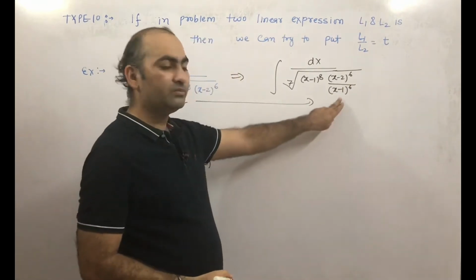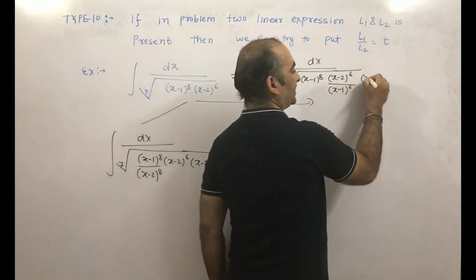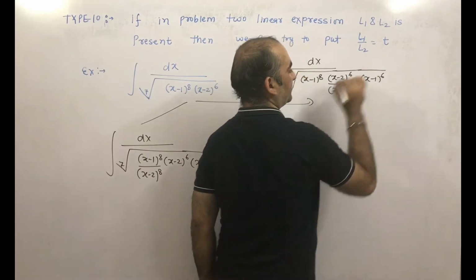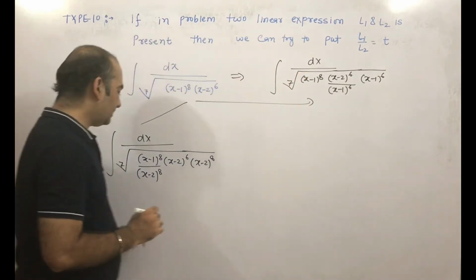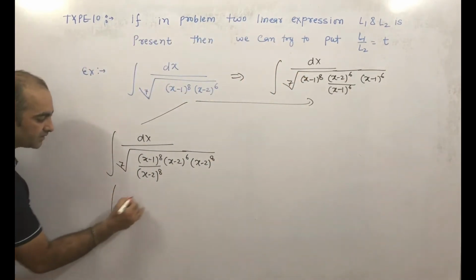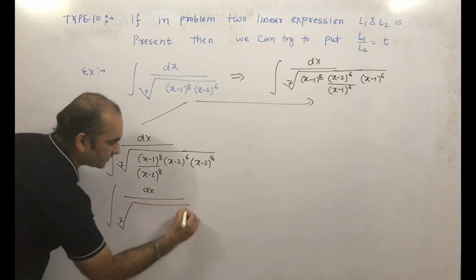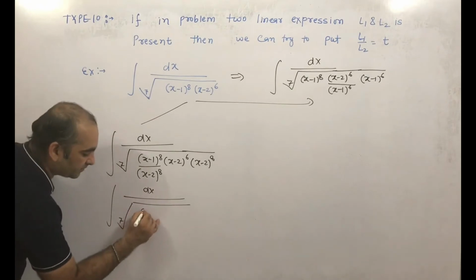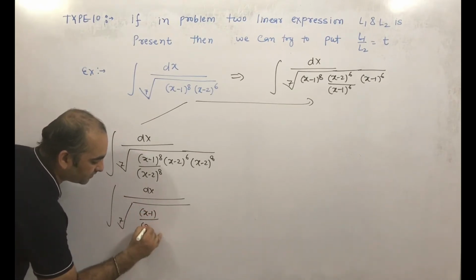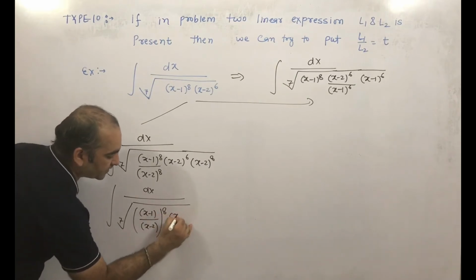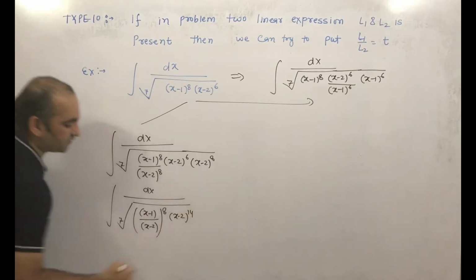If you are dividing, then you have to multiply also, so (x minus 1) to the power 6 we are multiplying. So this will come as integration of dx divided by 7th root of ((x minus 1) divided by (x minus 2)) to the whole power 8 and (x minus 2) to the power 14.